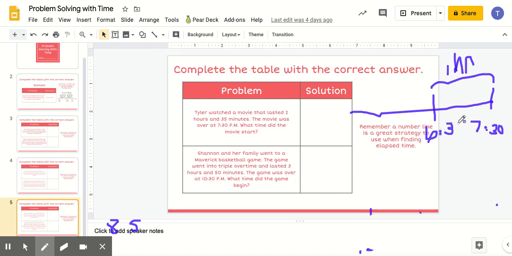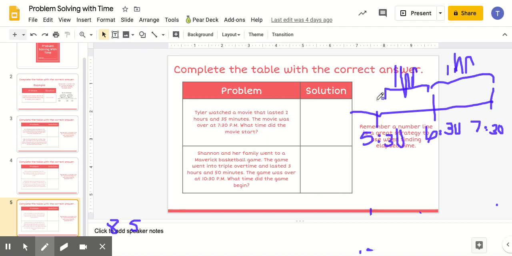And he watched it for 2 hours. So going backwards another hour would be 5:30. So that's another hour. Okay, and then he watched for 35 minutes before that. So I'm going to go backwards by 10-minute increments.